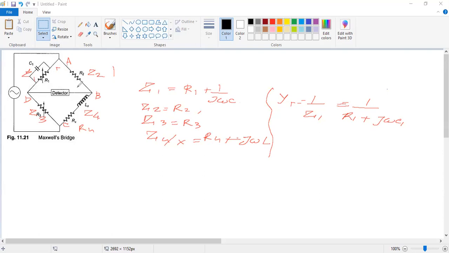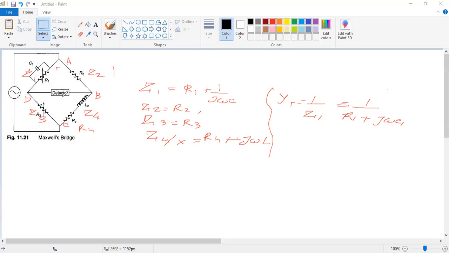I think you have performed many labs in the virtual laboratory regarding this bridge. How could I reach that zero or null position? Whenever we get the null position or the zero deflection position, our bridge becomes balanced.